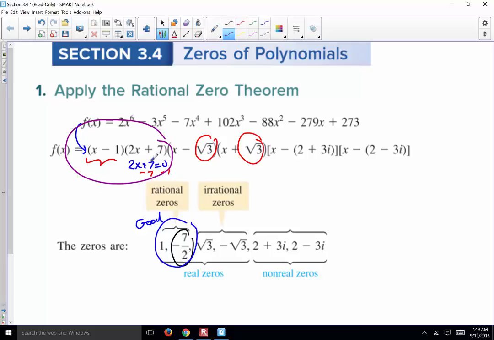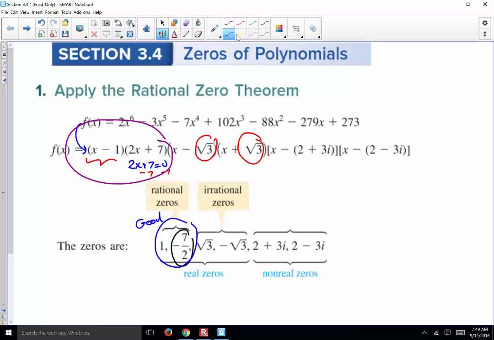Once you get the rational zeros, since your polynomial will shrink to a small size, we can find the remaining irrational zeros and also non-real zeros. Complex numbers are called non-real numbers, but irrational numbers like root 3 and minus root 3 are still real numbers. They turn into never-ending decimals.